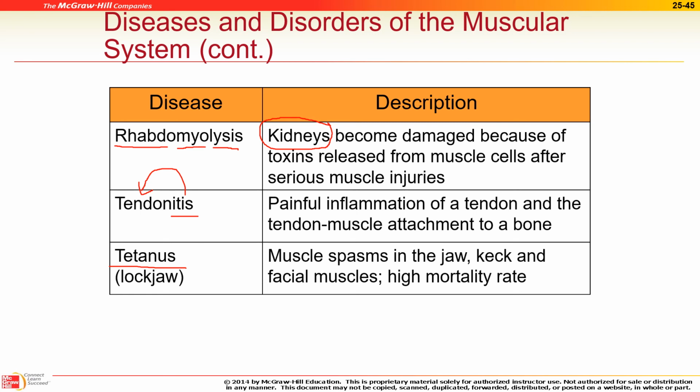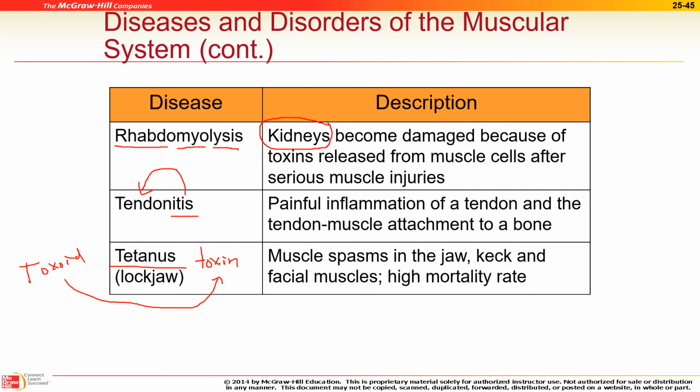Another toxin is tetanus. Have you guys gotten your tetanus shot? Gotten your booster? So what they're injecting you is a toxoid. And what that does, it'll fight and neutralize the toxin that is released by the bacterium. So they hang out on that rusty nail.